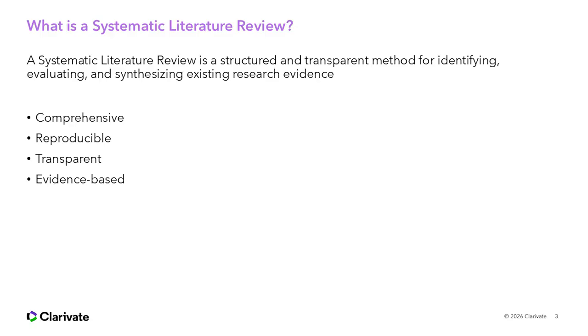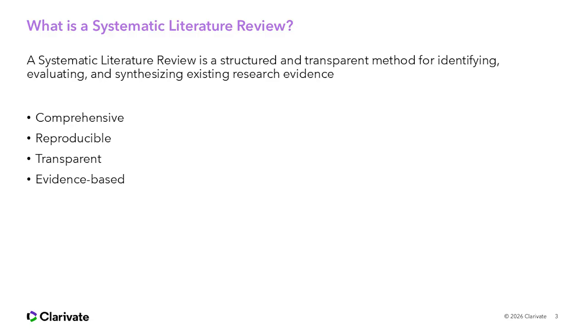A systematic literature review goes much further. It follows a methodology to identify, evaluate, and synthesize all relevant evidence related to a specific question. That's the definition of a systematic literature review.